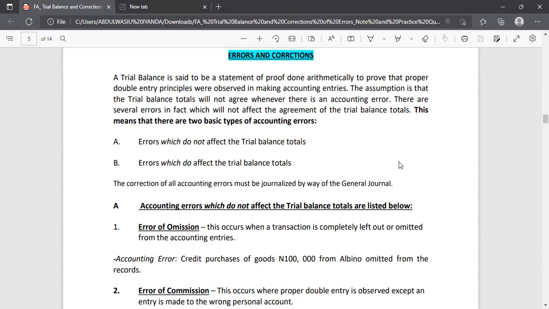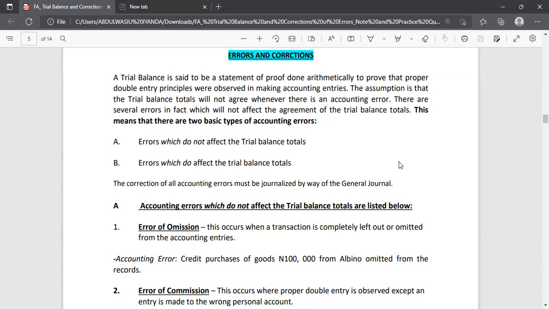Maybe sometimes you can have 10,000 naira on the debit side of the trial balance, that is the total, and you are now having 9,000 on the credit side. So the trial balance does not agree. That is what we are going to be focusing on.